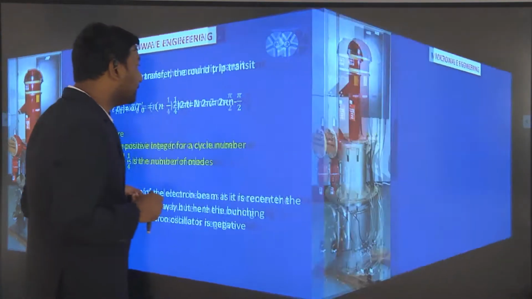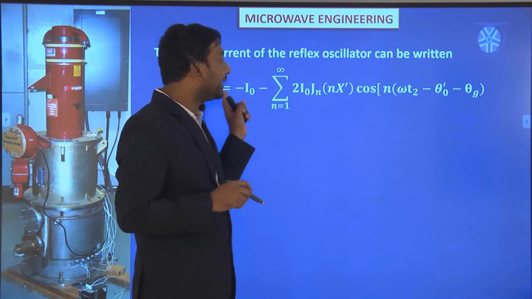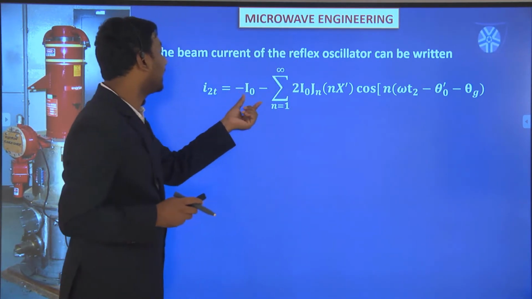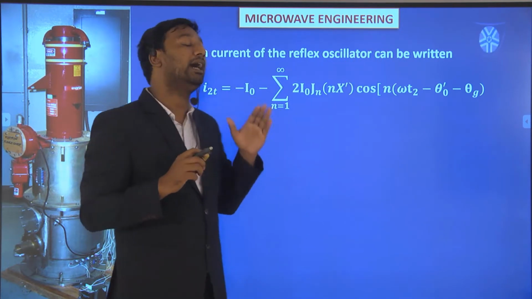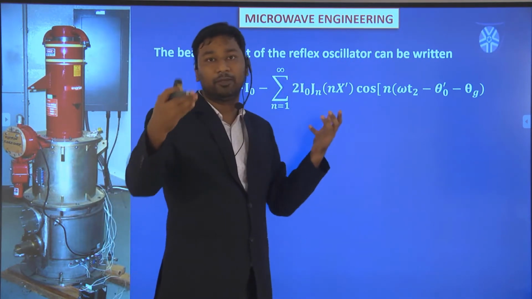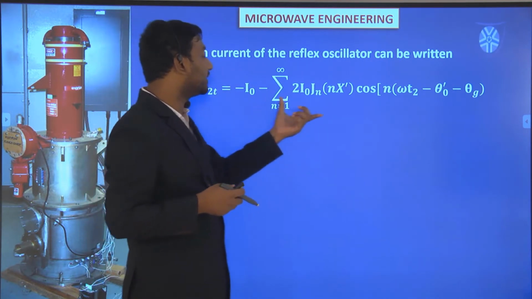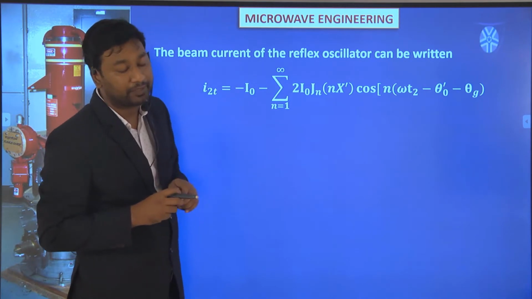If you remember the current equation, we already calculated the same equation, but the value here is negative because there is reflex action taking place. Earlier the direction was this way, now it comes back in the opposite direction, so the bunching parameter and other parameters are negative compared to the two cavity case.